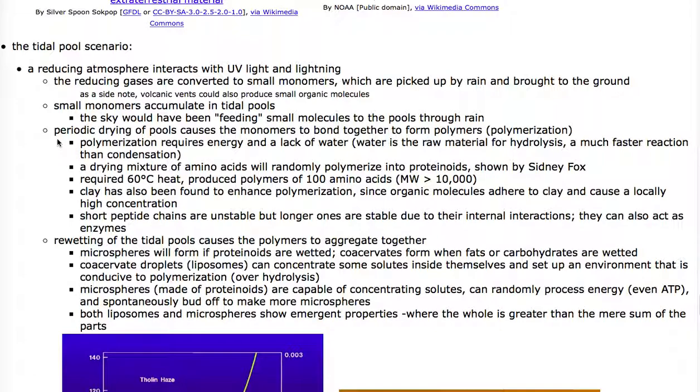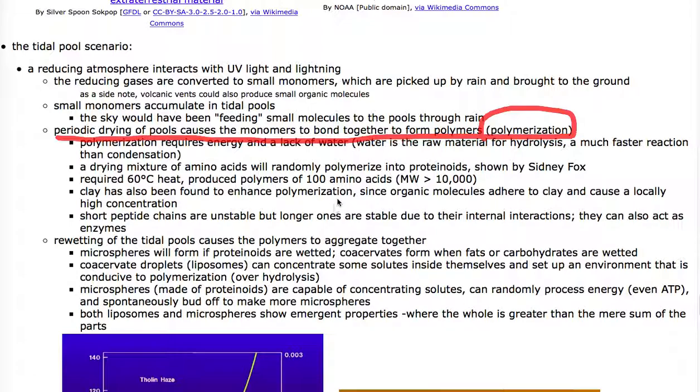The rain would have dropped those into tidal pools. So from the sky, rain would have been bringing down food molecules like manna from heaven to the ground. Those would have collected in small puddles, and periodic drying and re-wetting of the puddles would have caused polymerization of the monomers into polymers. This has been tested and it's been shown.